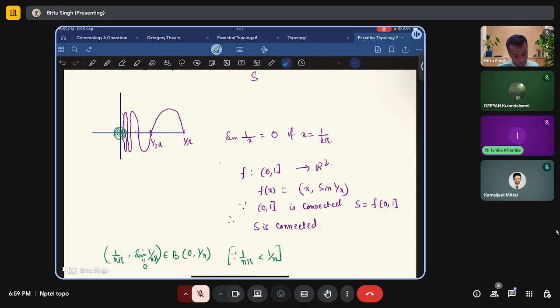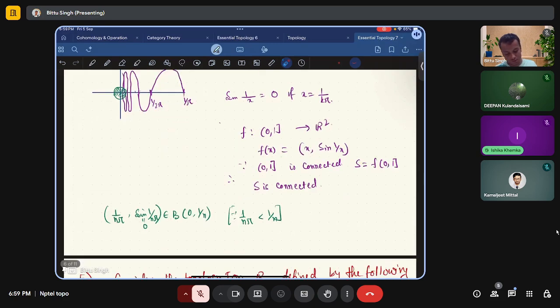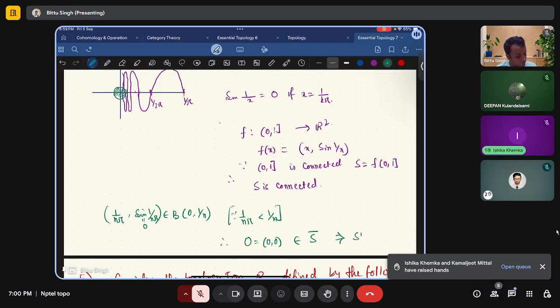Therefore the origin (0, 0) belongs to the closure of S. The origin is a limit point. This will imply S union this.